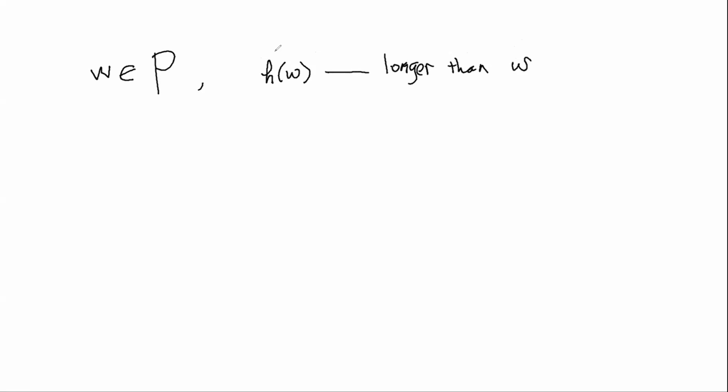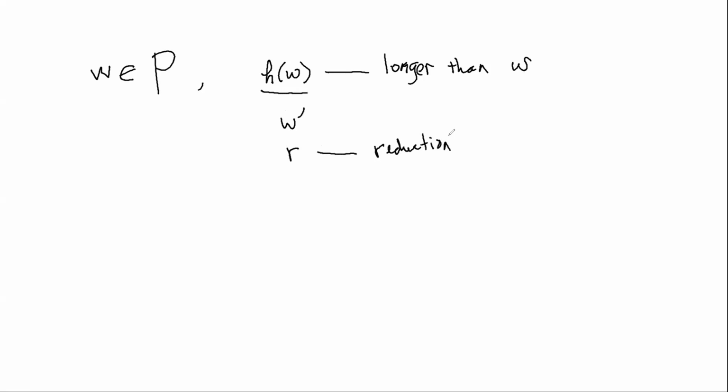So when I see this, in order to find a candidate W prime, I need to reduce this length. To reduce this length, I am going to use something called a reduction function, R. This is called reduction.